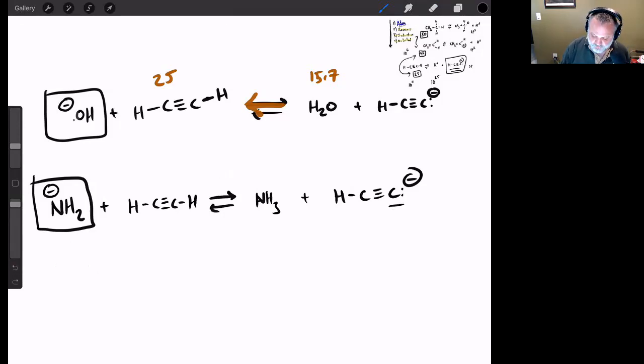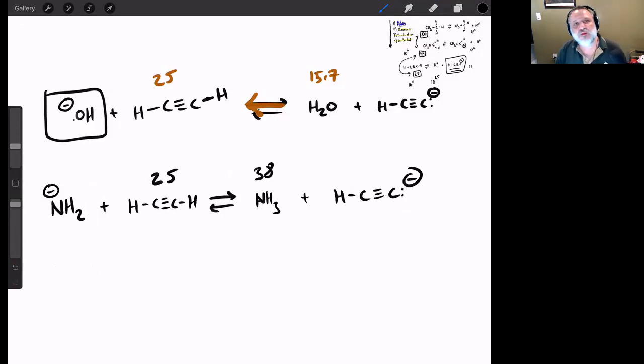But this is really where the pKa's are important. Is amide really more stable than the alkanide ion? Remember, what are the pKa's? 25 for that acid, and it's actually 38 for ammonia.